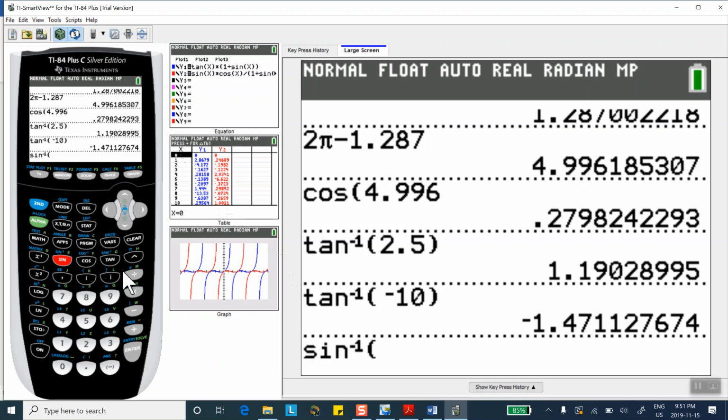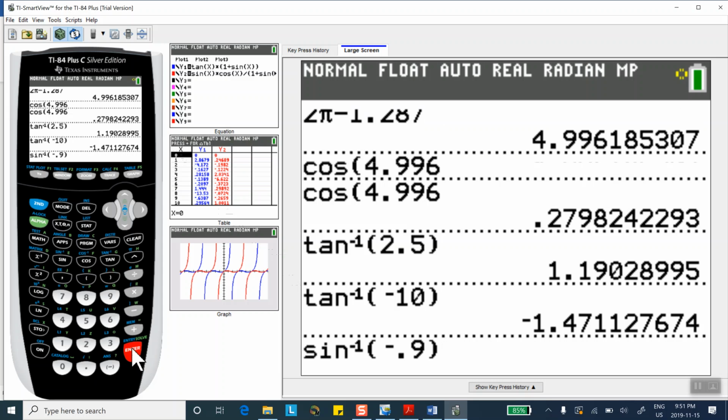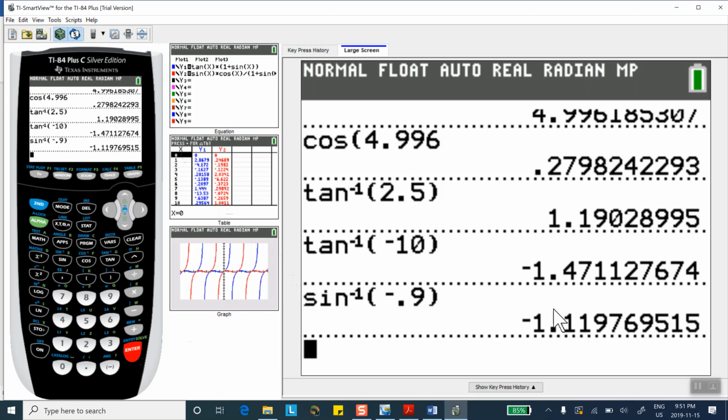What was that? Negative 0.9. And you close the parentheses. And minus 1.112. I'm rounding it to the third digit. So minus 1.112.